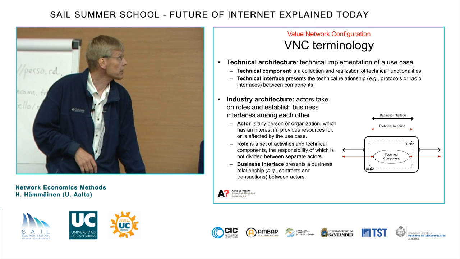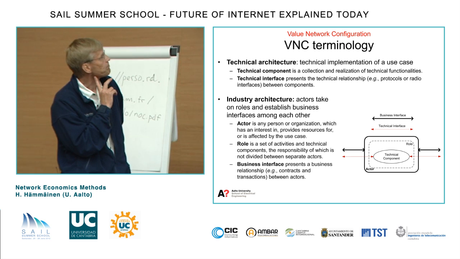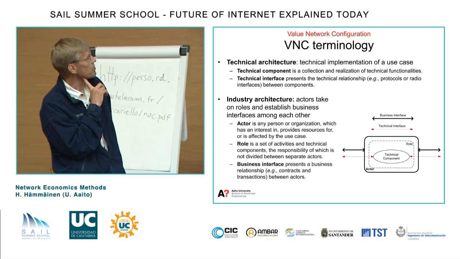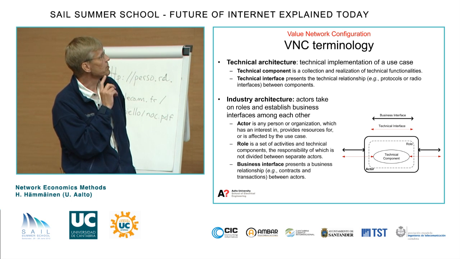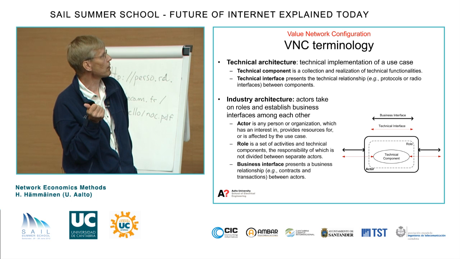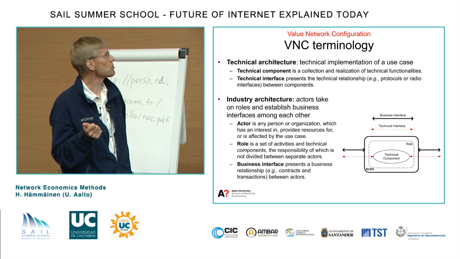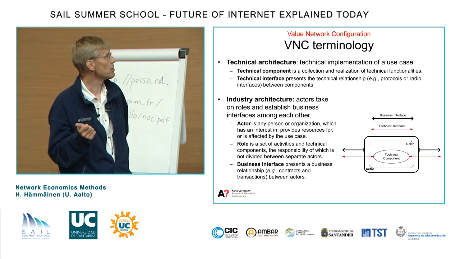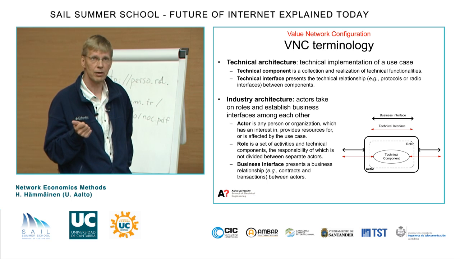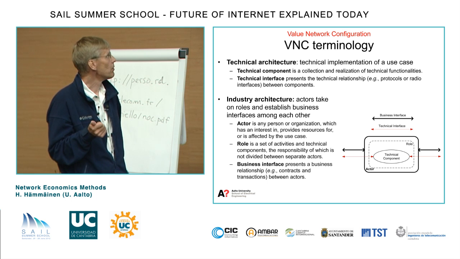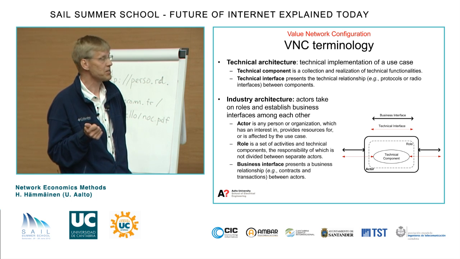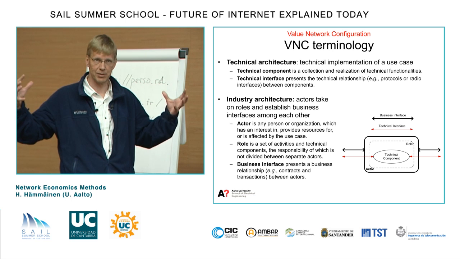explicitly about certain things. So this is about terminology. The first thing here is to separate between technical architecture and industry architecture. There are other terms used also. The industry architecture is sometimes called market architecture or industry structure, depending on how big a business or market we are talking about.